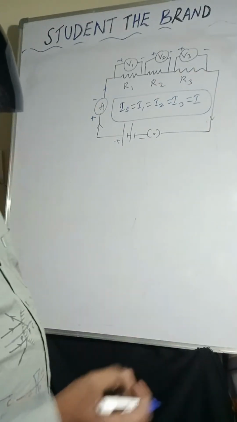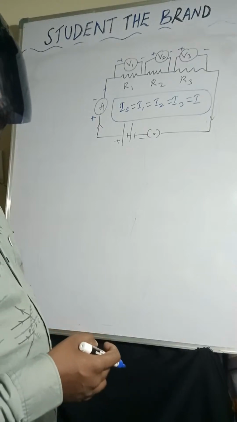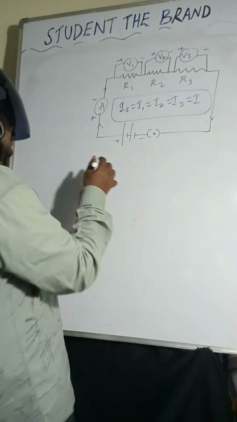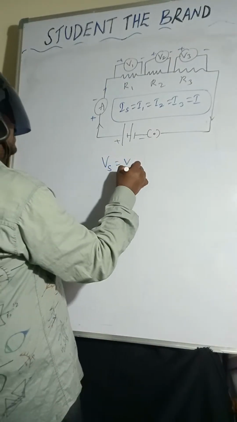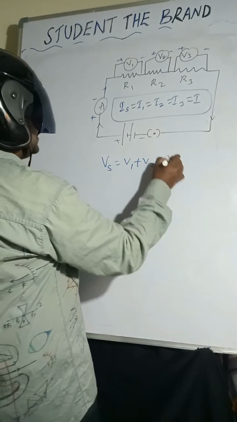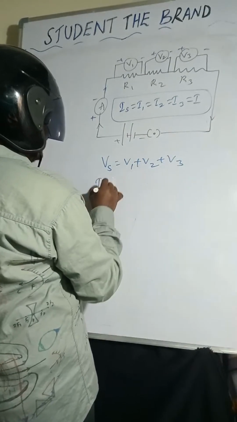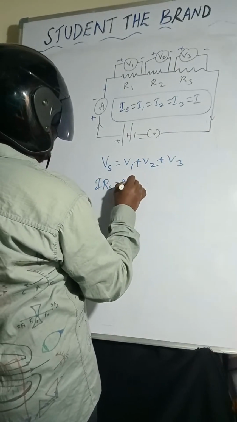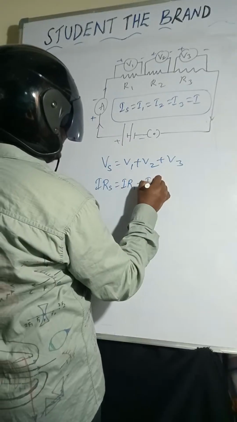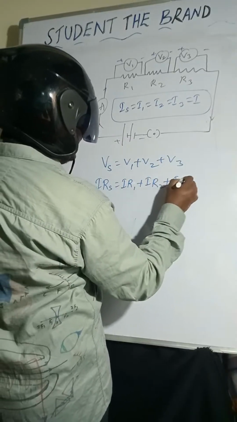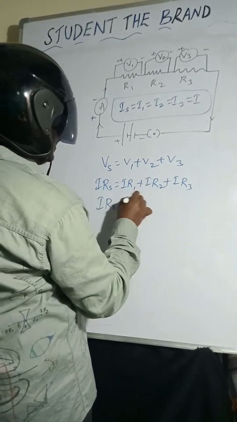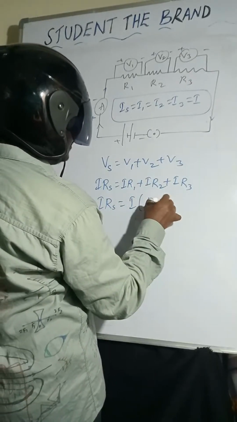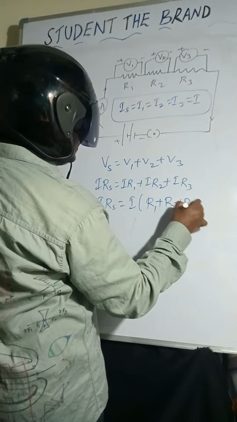But the potential difference is different. Now you can see here, Vs equal to V1 plus V2 plus V3. So I Rs equal to I R1 plus I R2 plus I R3. Taking I common, I times R1 plus R2 plus R3.